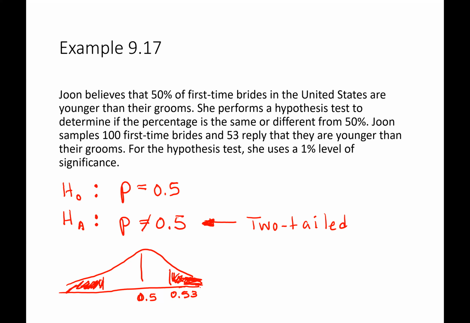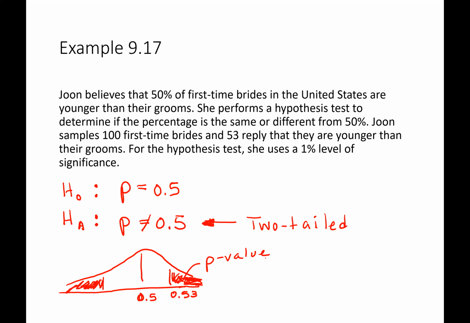So we could go through and find the p-value, the probability of getting 0.53, given that the proportion is assumed to be 0.5. So we could do that, but you're probably not going to do that when you do your homework. So let's conduct the p-test.